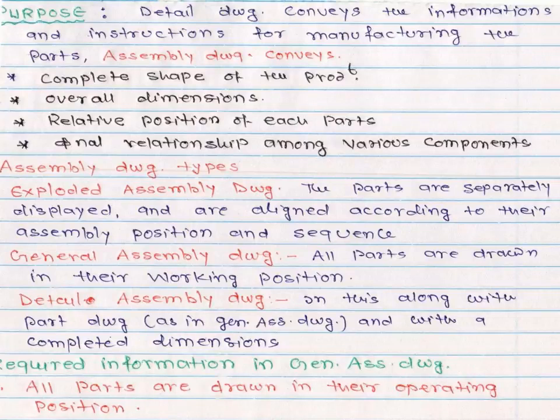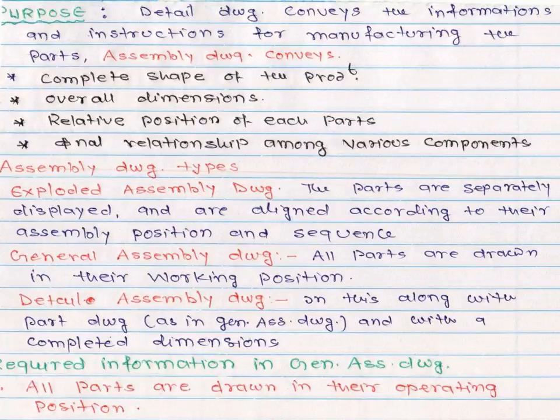There are various types of assembly drawings. Exploded assembly drawings: the parts are separately displayed and aligned according to their assembly. That means where a particular part or component is fitted, we make the drawings aligned according to their position and sequence.